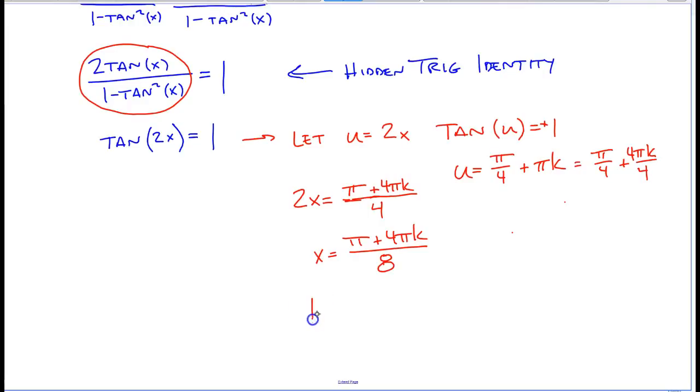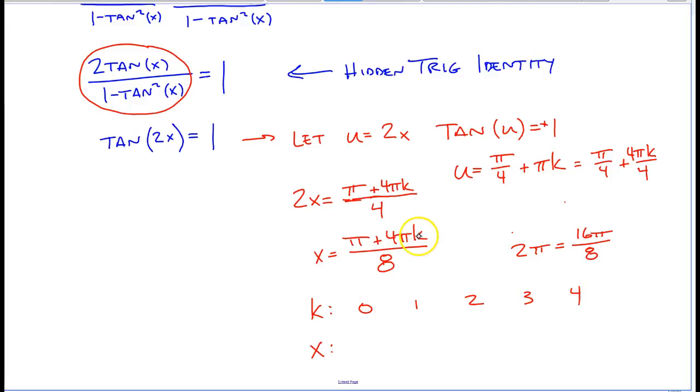So I'm going to go ahead and set up a table here for k and x and see what values I come up with. Remember, 2 pi equals 16 pi over 8. So once I go up to 16 pi over 8, I've gone too far because I want to stay less than 2 pi. So let's just look here at k equals 0, 1, 2, 3, 4 and see what happens.